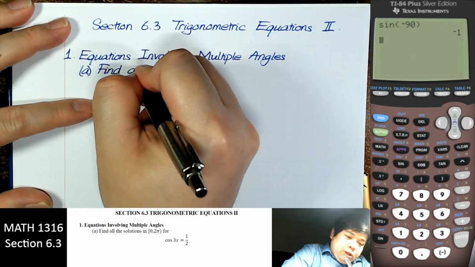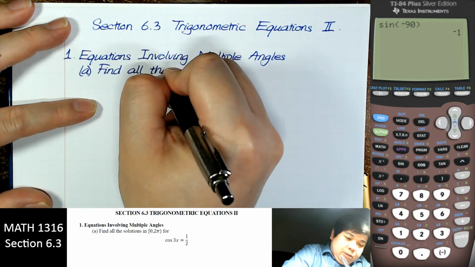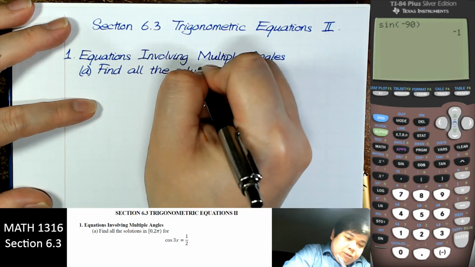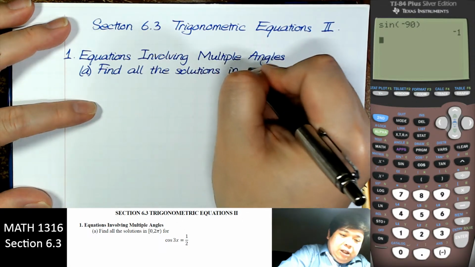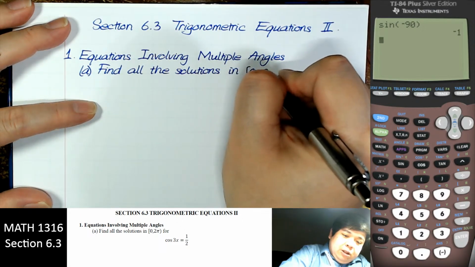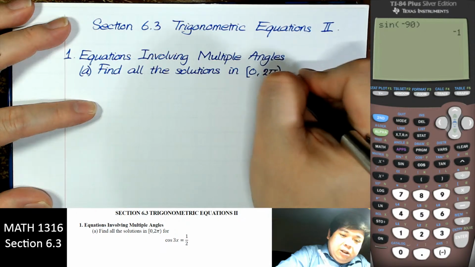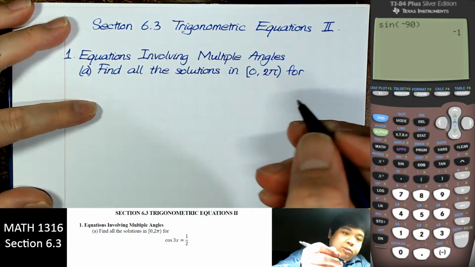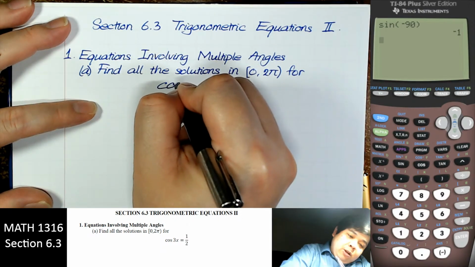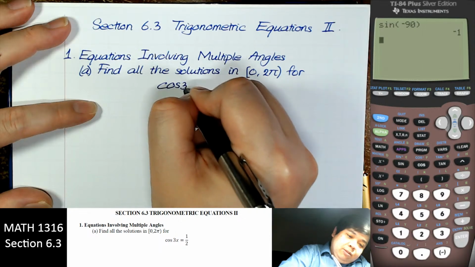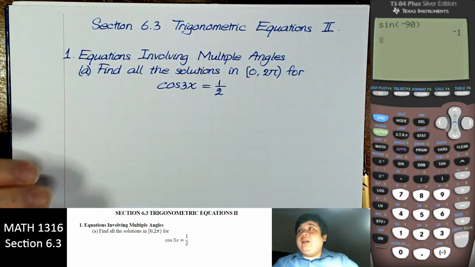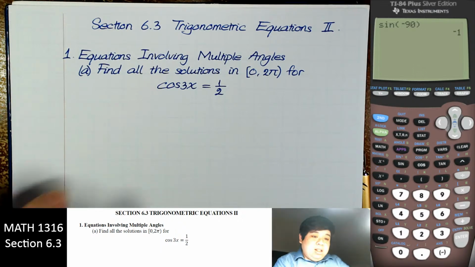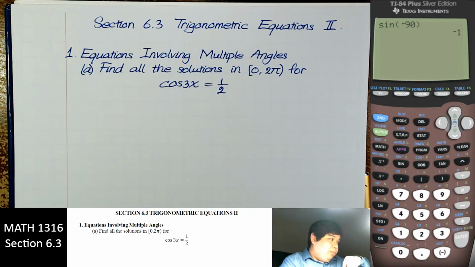Find all the solutions in 0 to 2 pi for cosine of 3x equal to 1/2. What's different here is the 3.